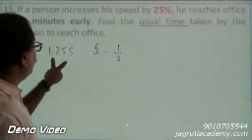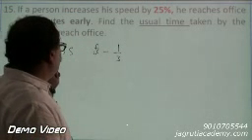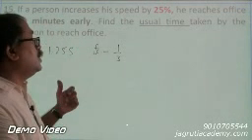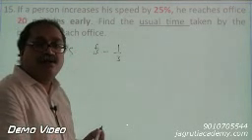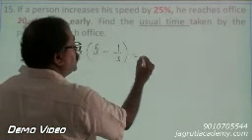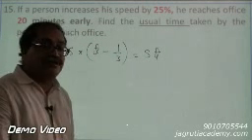So this is speed and this is time, and we know that speed into time is equal to distance. Distance is the same as again speed into time, so I'll multiply these two.